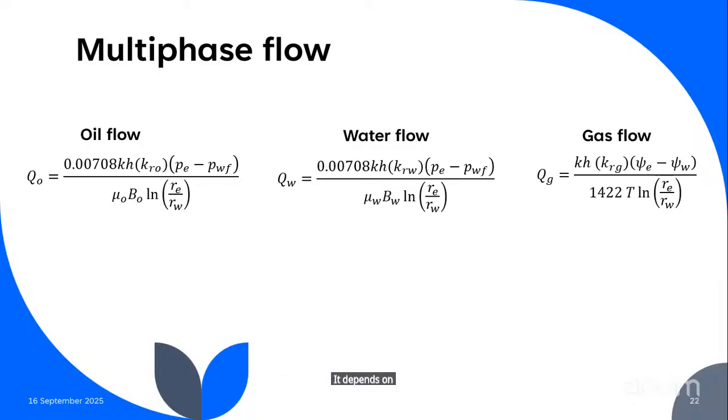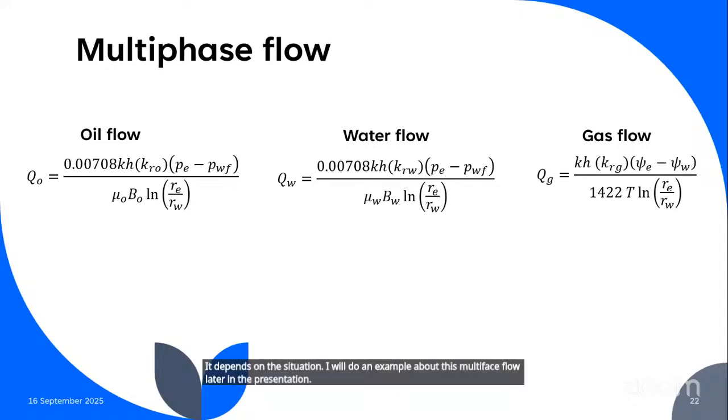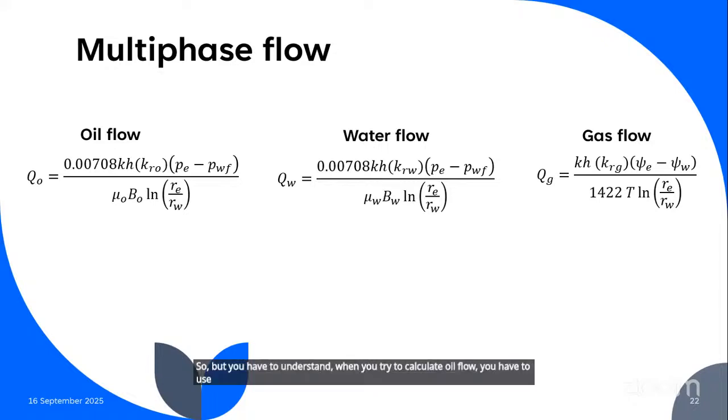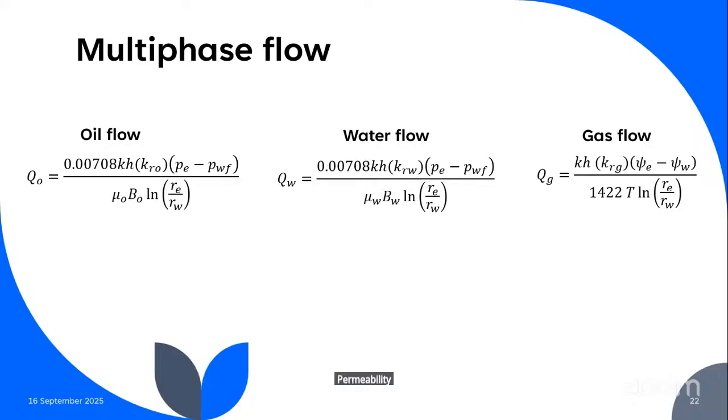Depends on the situation. I will do an example about this multi-phase flow later in the presentation. But you have to understand that when you try to calculate oil flow, you have to use the effective permeability of oil, the effective permeability of water, and the effective permeability of gas.